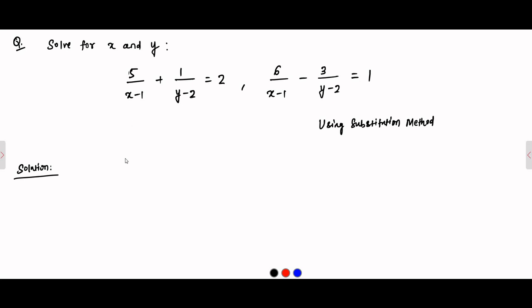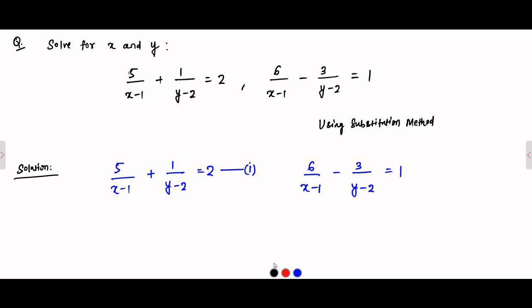So first step, as always, we'll write the equations in their present form. 5 by x minus 1 plus 1 by y minus 2 is equal to 2. Assign them a number, equation 1. 6 by x minus 1 minus 3 by y minus 2 is equal to 1.